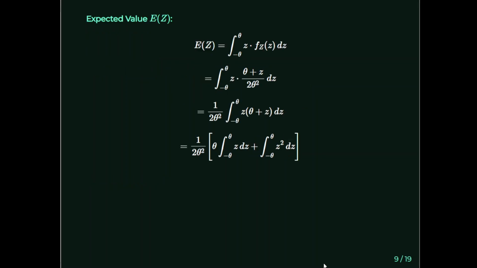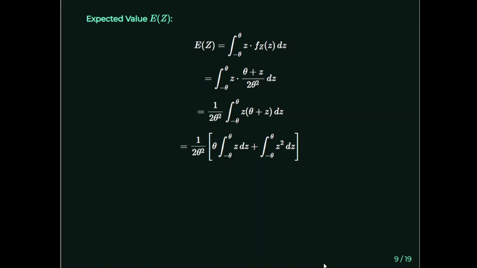Likewise, the expected value of Z is the integral from minus theta to theta of z times the probability density function. So we have an expression there that is 1 over 2 theta squared. We're just going to separate that out because it is constant.